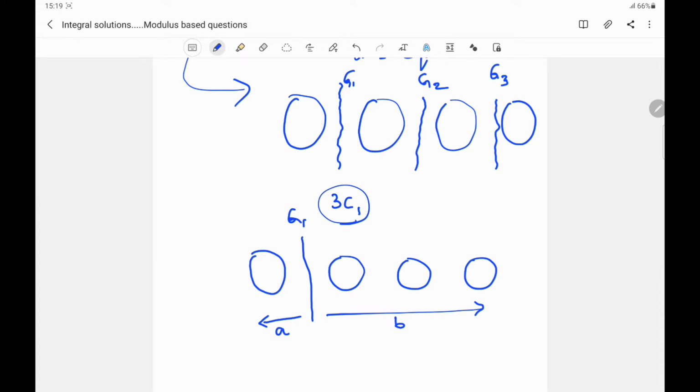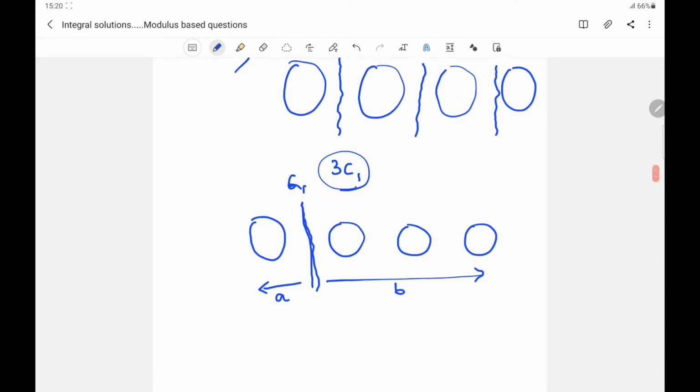To the left of that gap, assume that the number of balls there is A, and to the right of that gap, the number of balls is B.